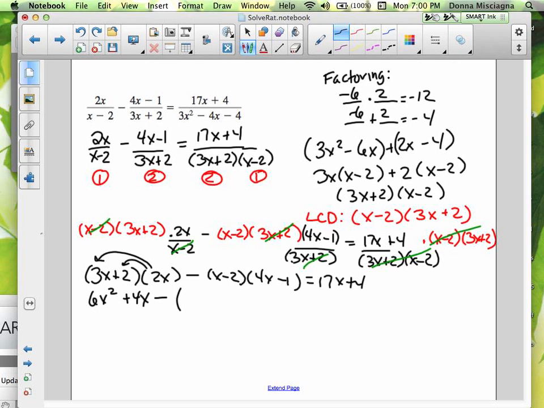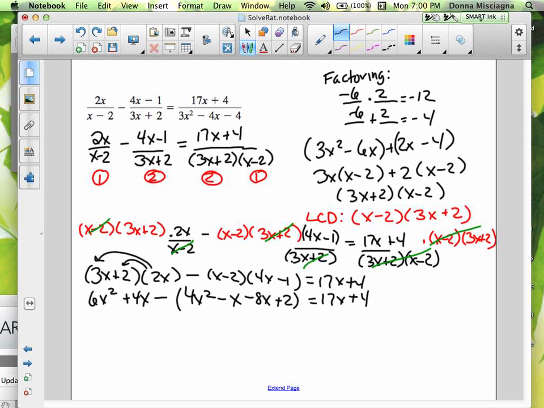All right, so when we multiply, 4x squared is our first term. Then the outer term is negative x, the inner term is negative 8x, and the last term is plus 2, equals 17x plus 4.